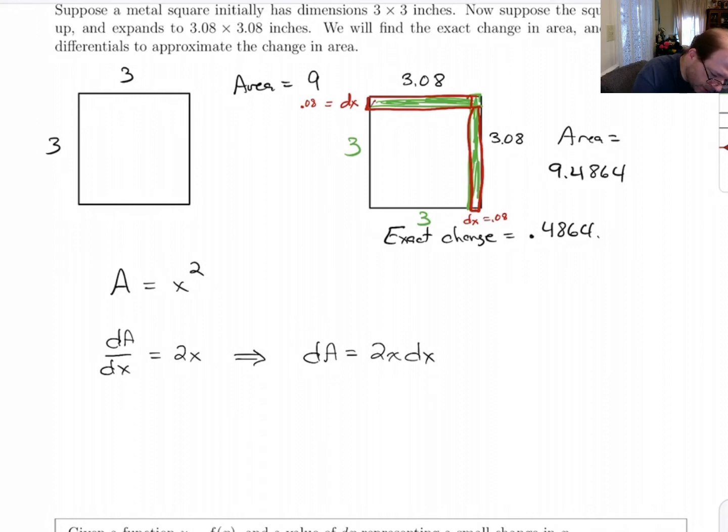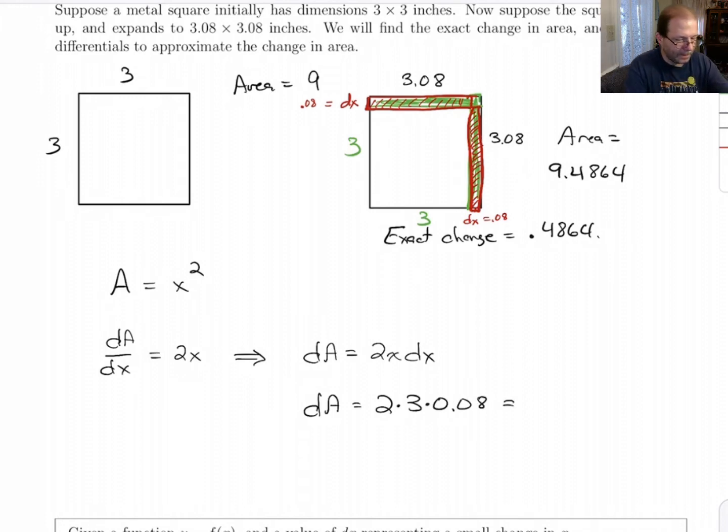So if we add up this square and this rectangle and this rectangle here, the area of one of these rectangles is 3 times dx. So if I come down here and look at this, dA is going to be 2 times 3 times 0.08. All right, so that's 6 times 0.08, which is 0.48.